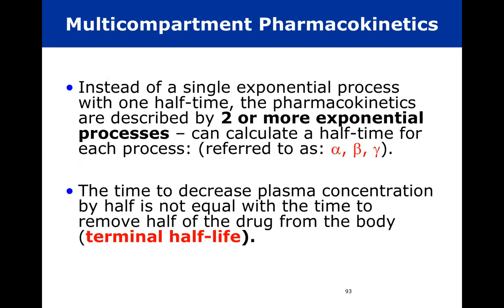So we have a half-time for an alpha elimination phase, a beta elimination phase, and a gamma elimination phase. The time to decrease plasma concentration by half is not equal to the time to remove half of the drug from the body, which is the terminal half-life.